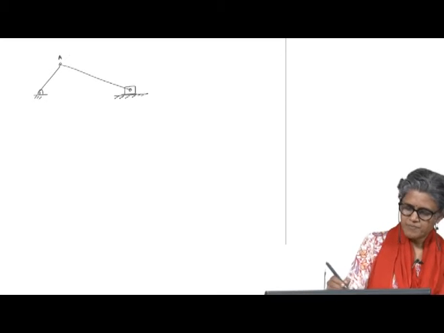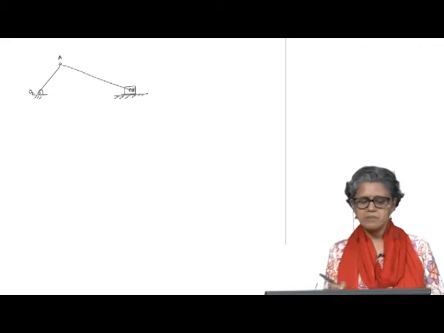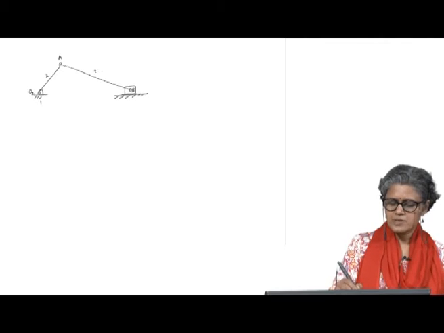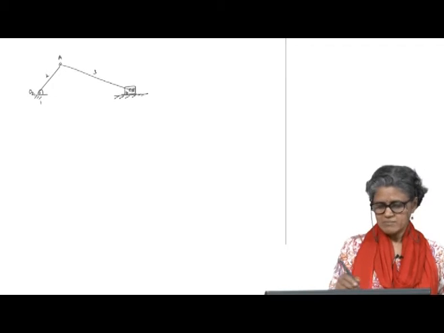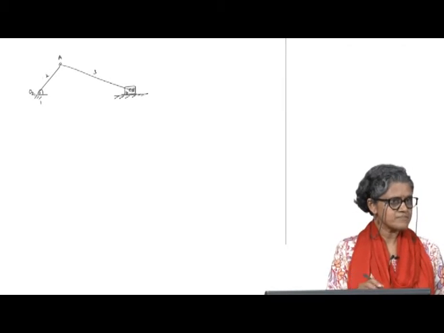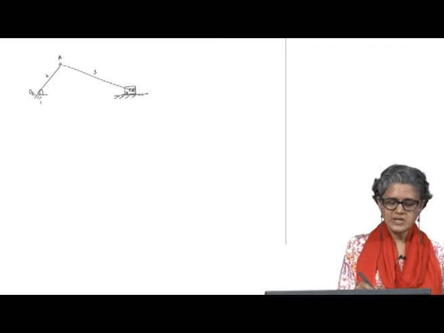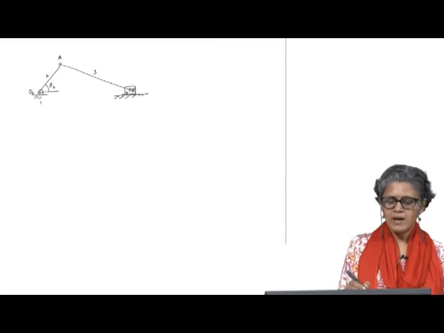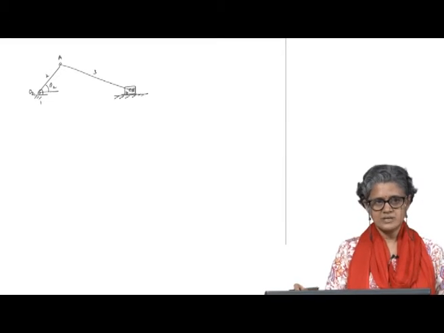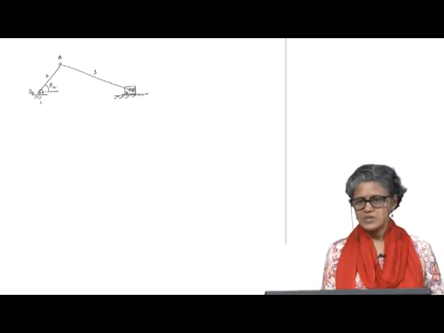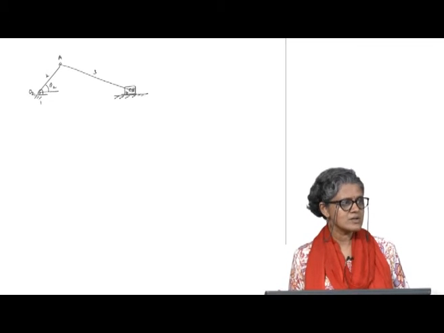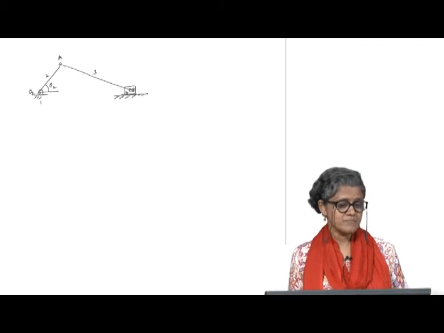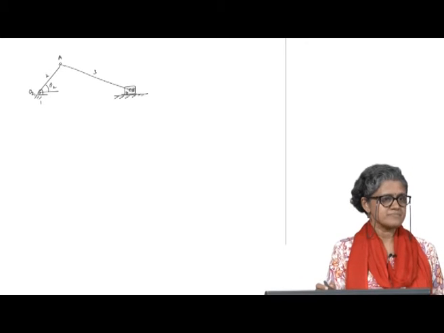So, I have O2, AB, 1, 2, 3 and 4. Again, position analysis is easy graphically. If I know theta 2, I know the path, right. And I know R3, so I can indicate where on the path it will intersect.